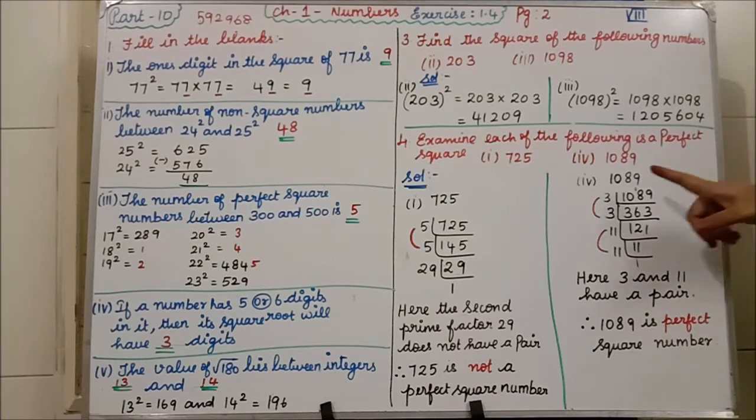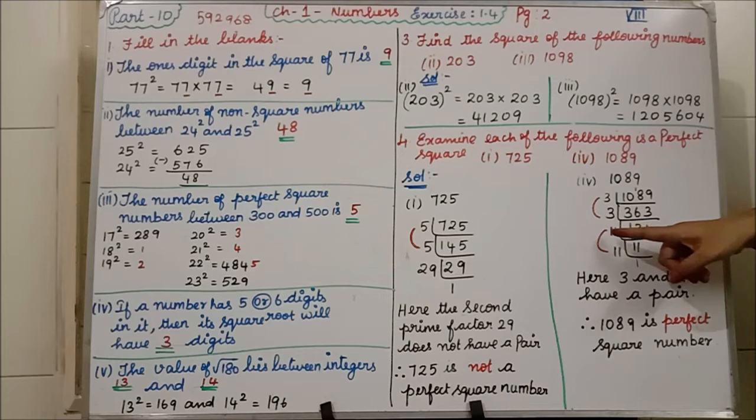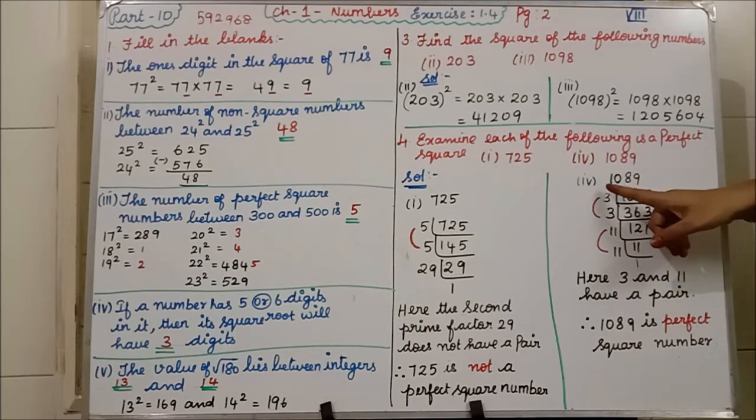Clear? Here 3 as well as 11 have a pair. So here 3 and 11 have a pair. Therefore 1089 is a perfect square number. Clear? So if you multiply 3 into 3 into 11 into 11, whatever number you get, that is the perfect square number.